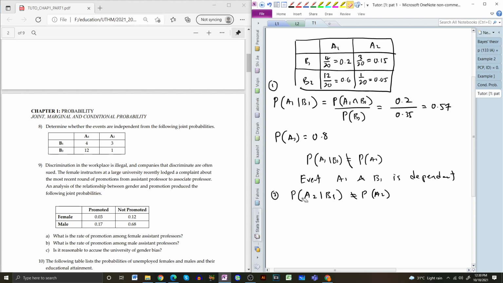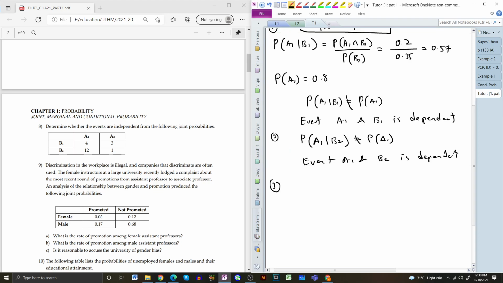So let us finish with A1 first. A1 B2 is also not equal to A1. So you can see again the same thing, event A1 and B2 is dependent.